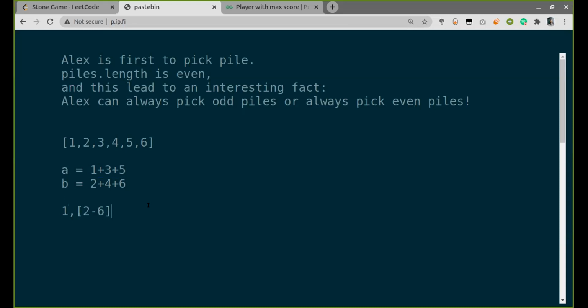Now the second player has to choose either 2 or 6, and if he chooses either, again Alex can choose either 5 or 3. So Alex can always choose either all the odd index values or all the even index values, and he takes the one which has the maximum sum. This is why we can just return true, since in any case Alex will always win here.